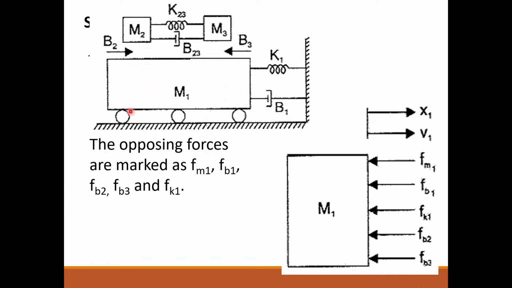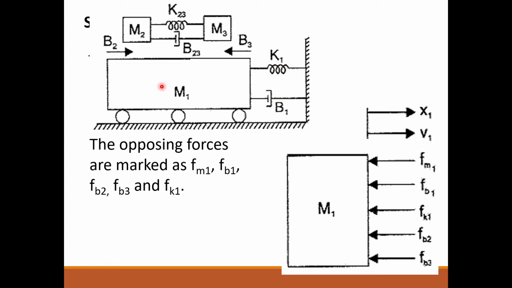So we ourselves will assume a displacement of x1 at this mass M1 and a velocity of v1. If you observe, are there any applied forces at this mass M1? There are no applied forces. There is no F term mentioned anywhere.